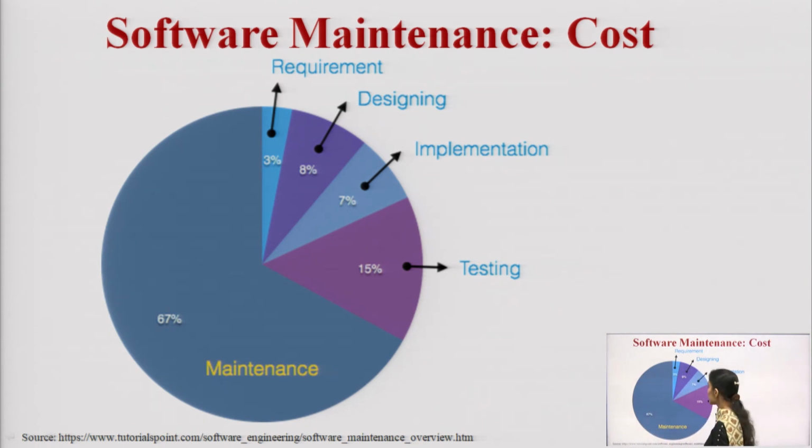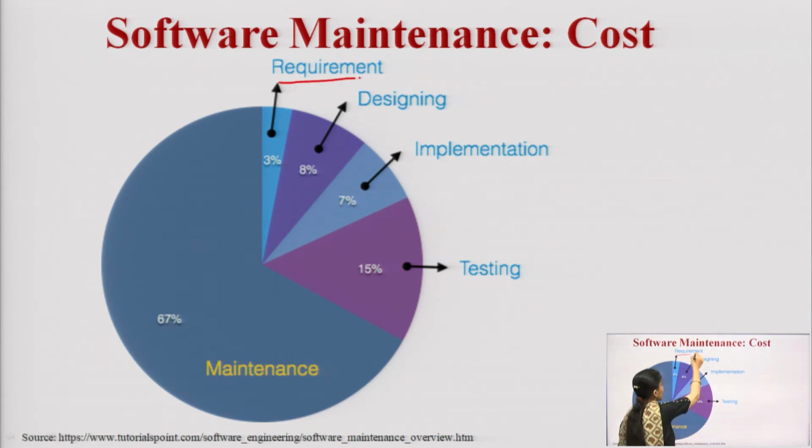Now, let us discuss why software maintenance cost is too high. We can see in the SDLC every phase is consuming some time and effort. So, here effort in terms of cost is being shown.